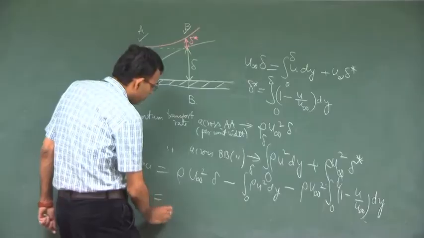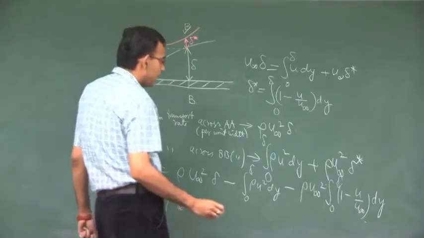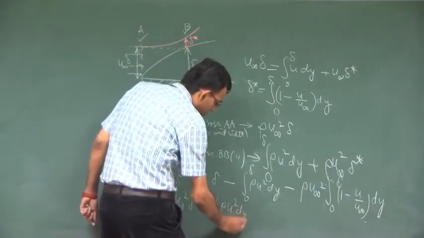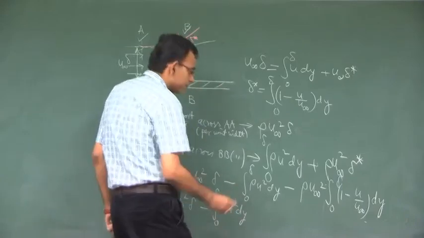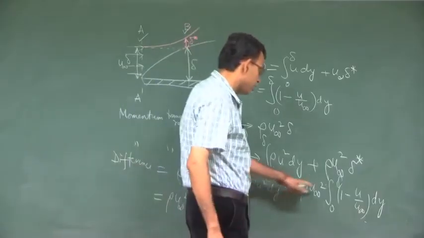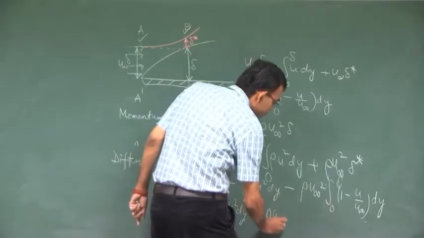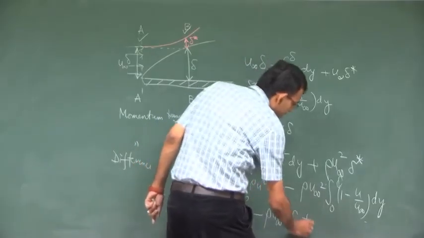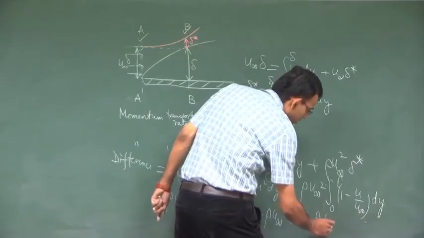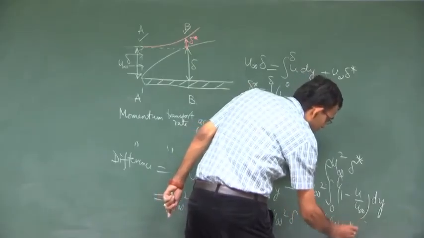So, this is rho u infinity square delta minus the integral of rho u square dy from 0 to delta, then minus rho u infinity square delta, that gets cancelled, plus rho integral u infinity dy.